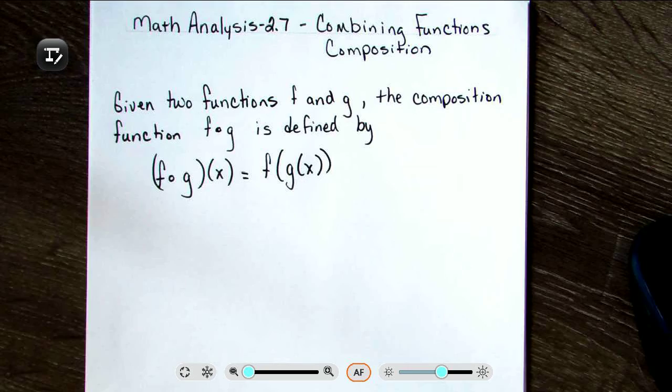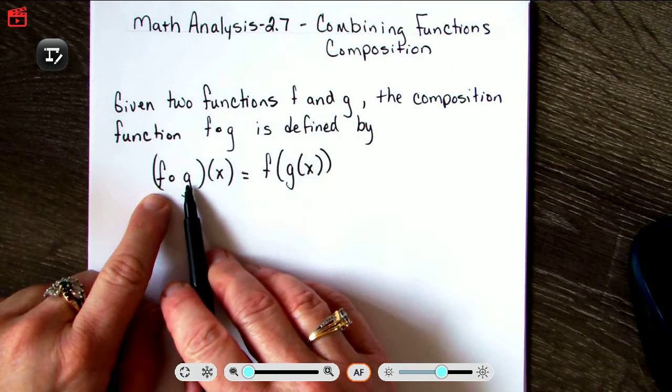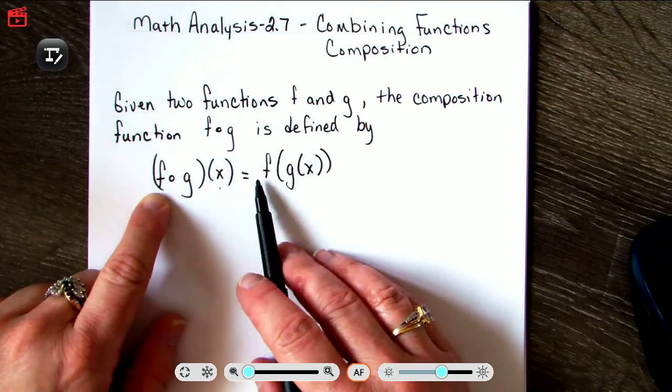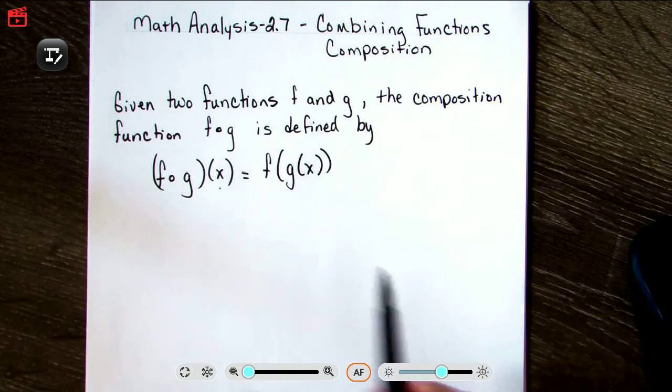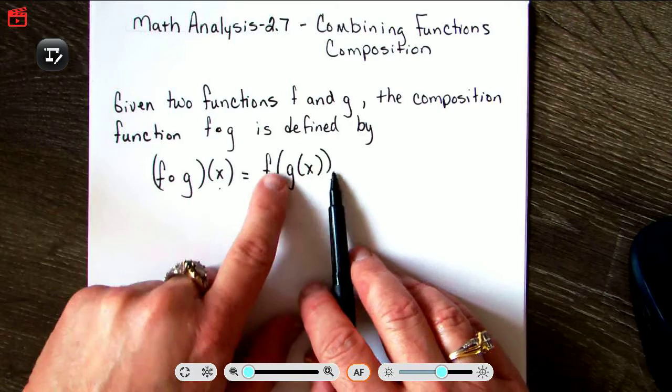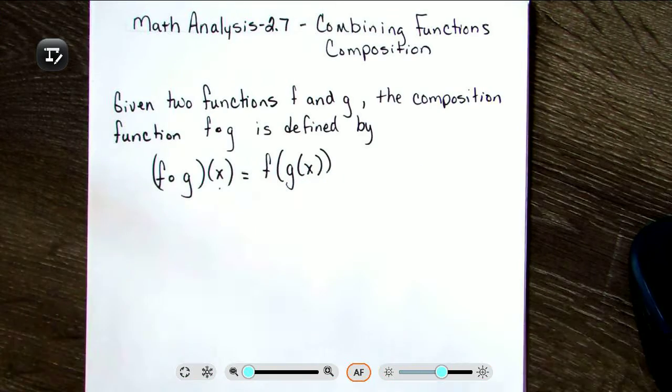So that's how you would read this. F composed with g of x is equal to f of g of x. And we can remember when we do order of operations, we start on the inside and we work our way out.